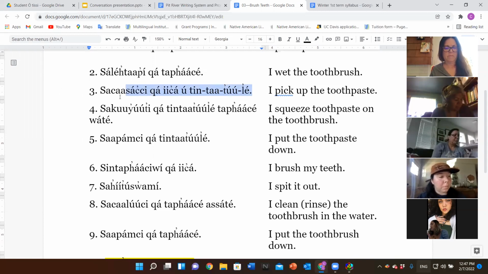Saja sachira ija utinda tule. Saja Satchi Ga Icha U Din Tule.